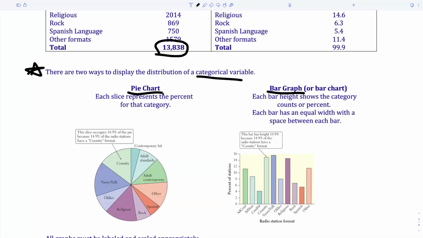They are different. Are they touching? No. Why are they not touching? Well, because what are they displaying? They're displaying categorical variables. And so here, bars do not touch. Whereas in a histogram, they do. Okay, so we will get to that in just a second.